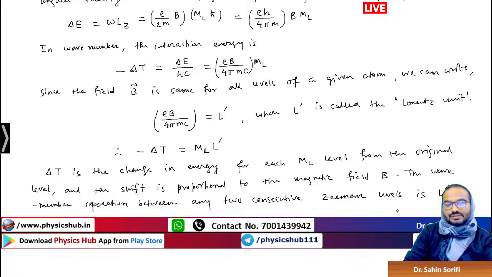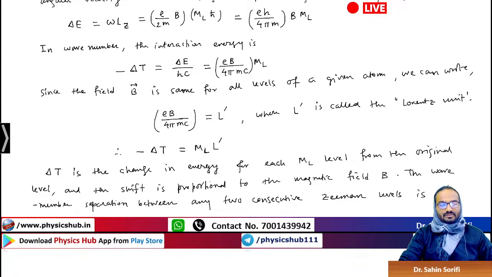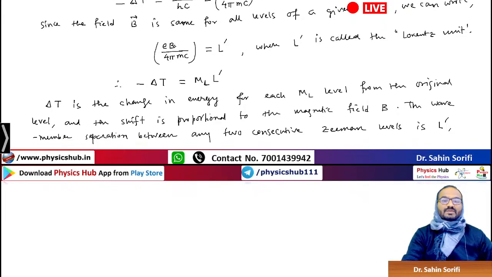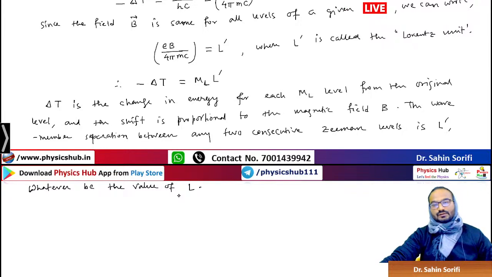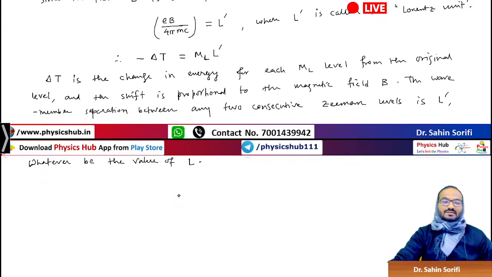The wave number separation between any two consecutive Zeeman levels is L prime, and L prime depends on eB by 4 pi mc, so it does not depend on the value of L, whatever be the value of L. So as you can see, the Zeeman splitting depends only on the magnetic field strength.